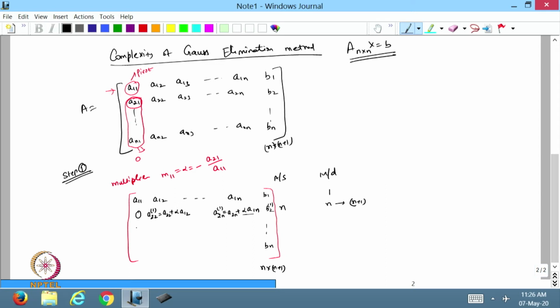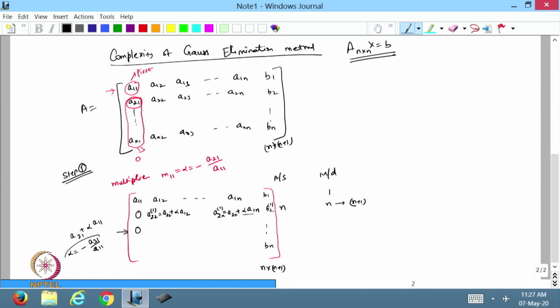Okay. So, the same thing I will do again to make this element 0. In this case also I am multiplying with this factor alpha. So, to make this element 0, I am doing A31 plus alpha A11, where alpha is minus A31 by A11.